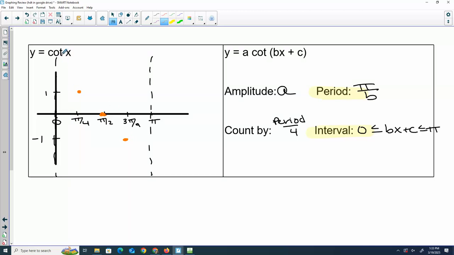If you plug in pi over 4, cotangent of pi over 4 is 1. 3 pi over 4, it's negative 1. Is that one okay?